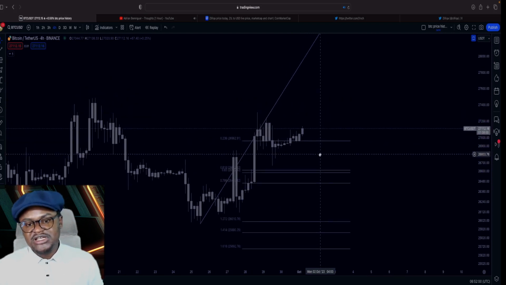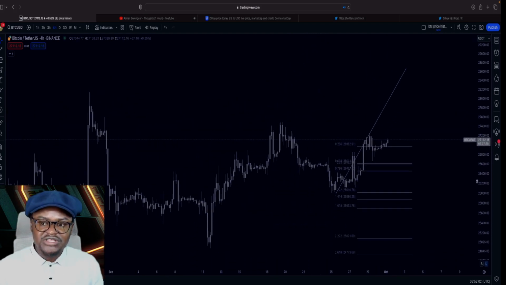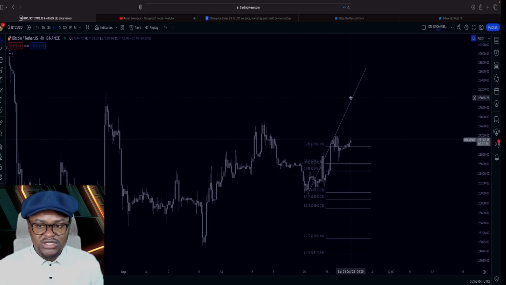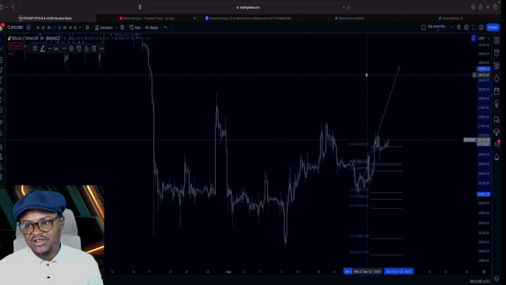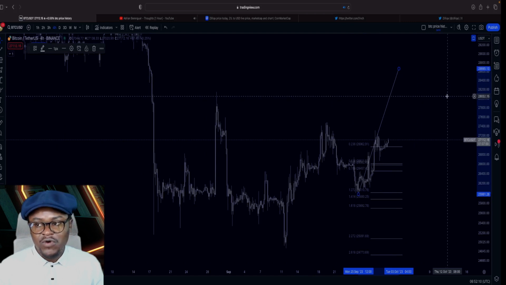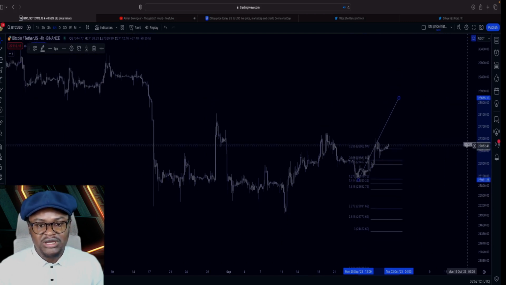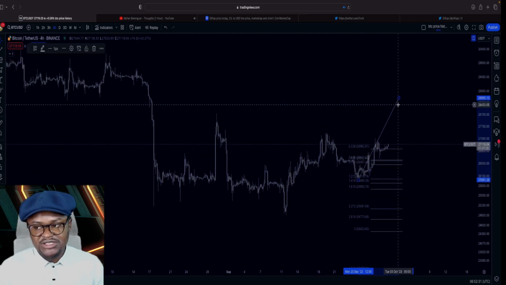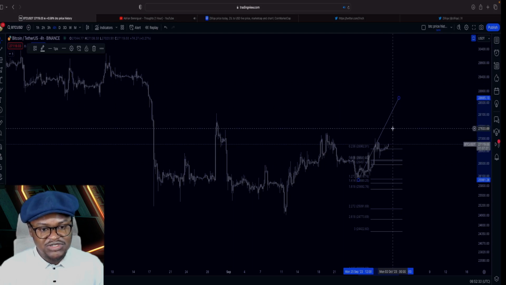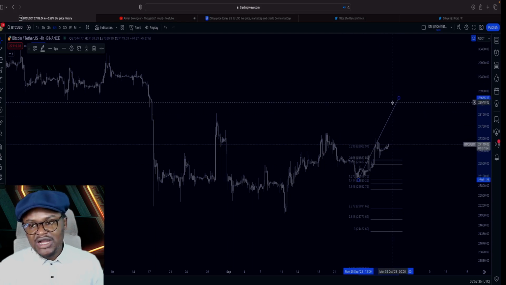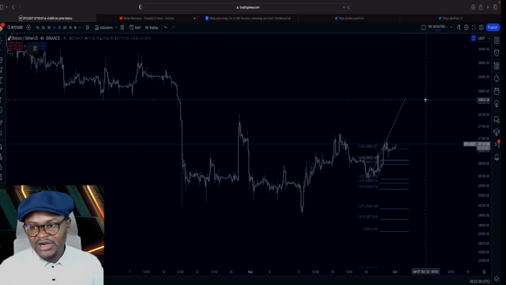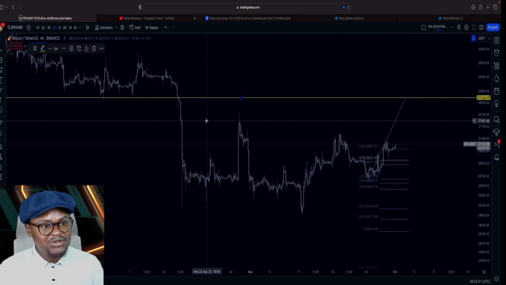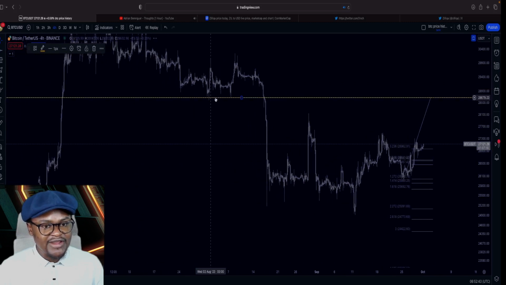So basically that's it. I would actually expect that we go to somewhere around this $28.6 thousand region before we have a big move back down. This is the point where I would like to see what price will do. Now keep in mind that that same point is where a lot of people may have bought right here.